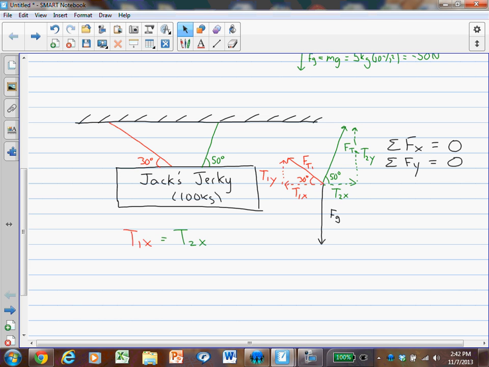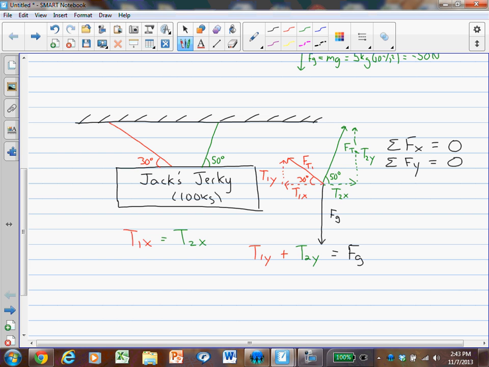And the forces in the y are also balanced, so that gives us T1y plus T2y going up should equal our Fg going down.